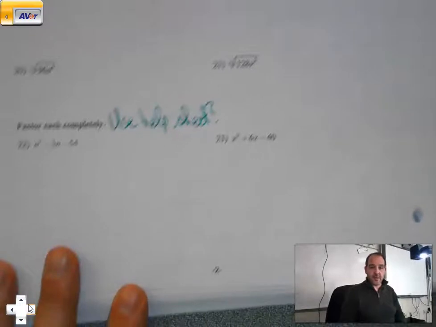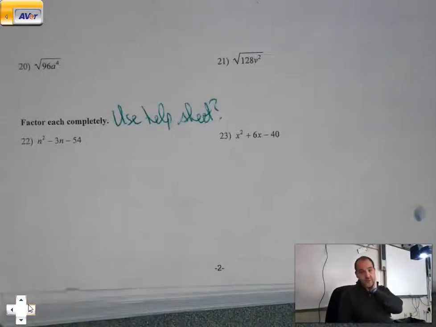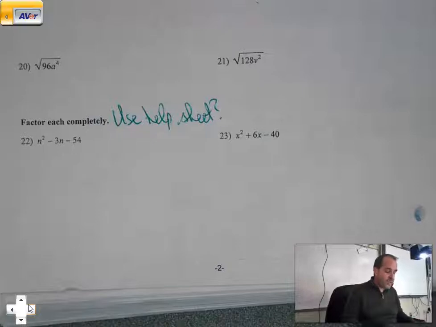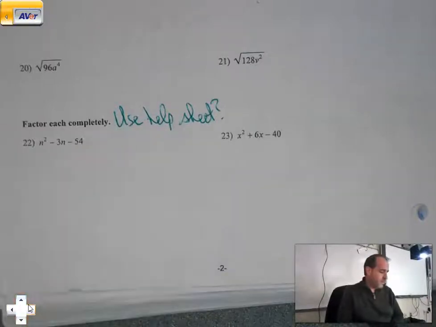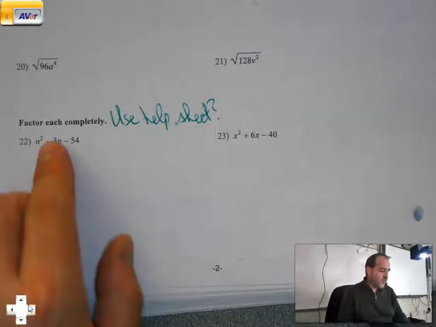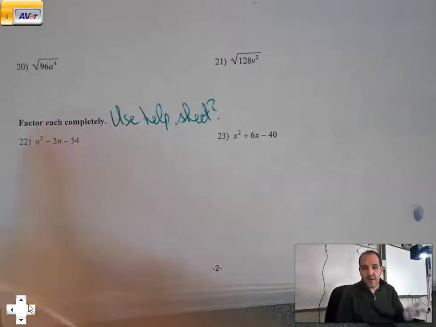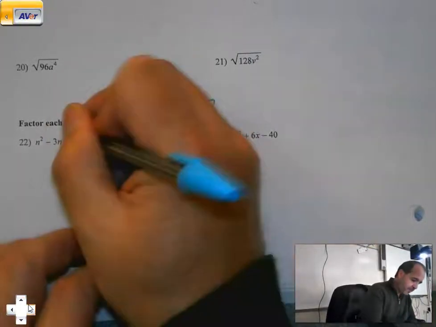Okay, factoring. Use your yellow help sheet if you need to. I'll reference it a little bit here and there. Always make sure there's not something that goes into every term. Like, these both have n, but that doesn't. I can't take out an n. Well, these are both divisible by 3, but that's not. So I don't have anything I can take out.